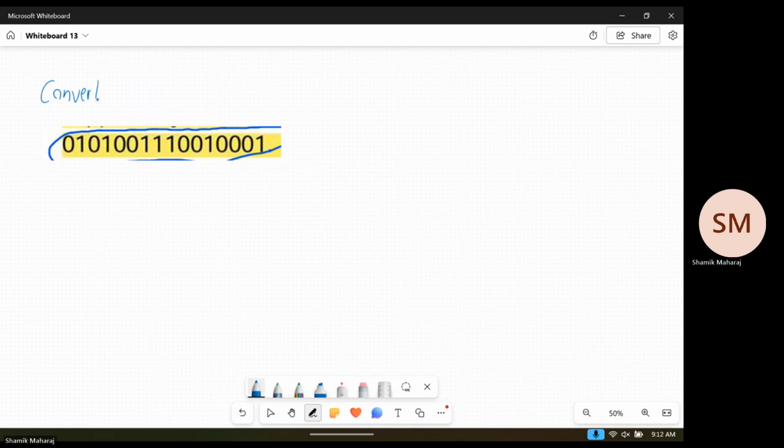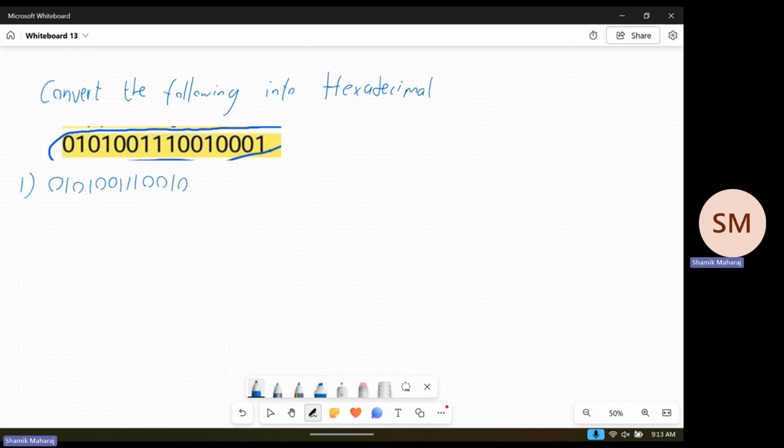Convert the following to hexadecimal. Okay, while you guys write that, let me see if I can do this. 0, 1, 0, 1, 0, 0, 1, 0, 0, 1.